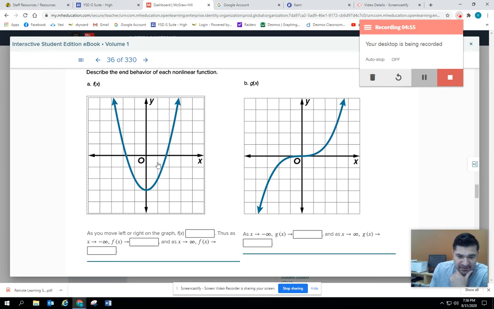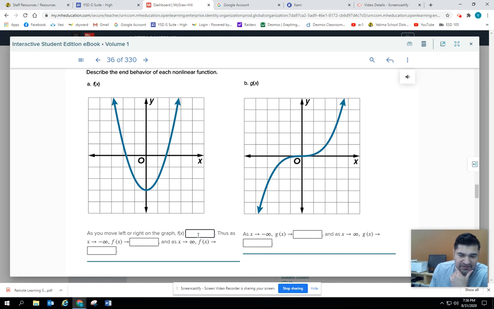But what they're talking about is if you start right here, right at the minimum, and you go left or you go right, in both cases, it is increasing. So we're going to write increases.